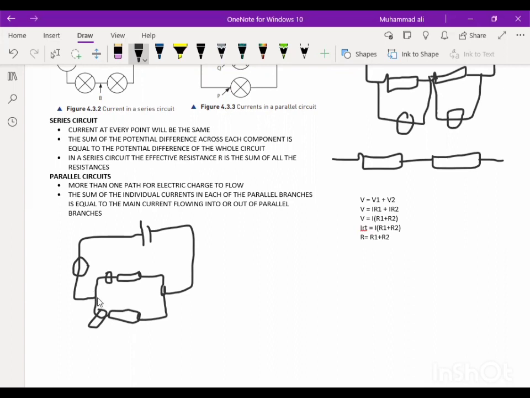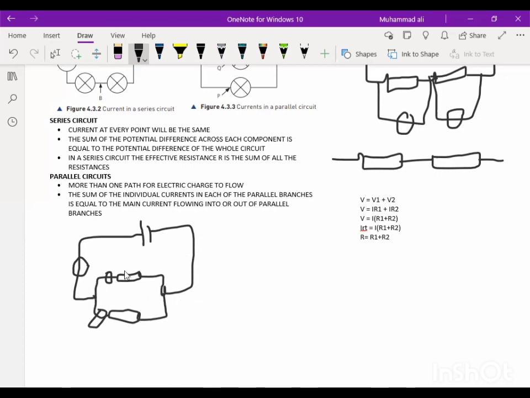So it's going to split at, now this is a junction. We just studied that this is called a junction. So the current is going to split from this junction, and for example, this is I1 and this is I2. And then later it's going to combine to give the same current.